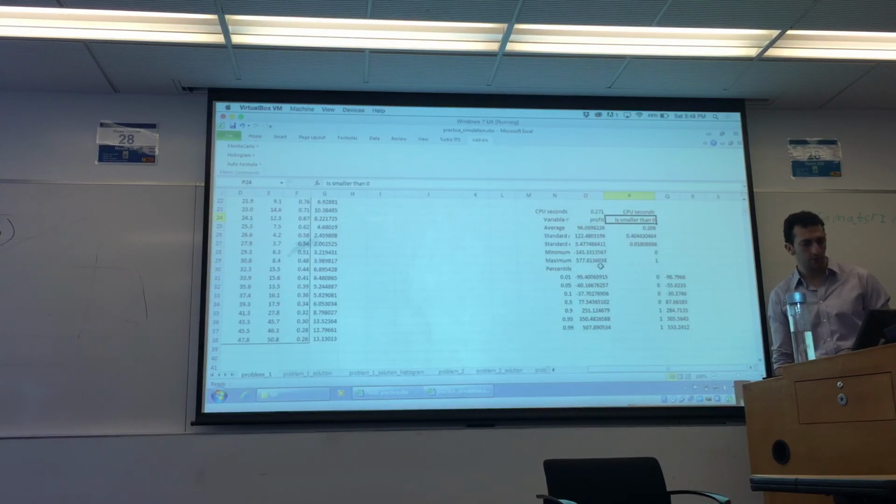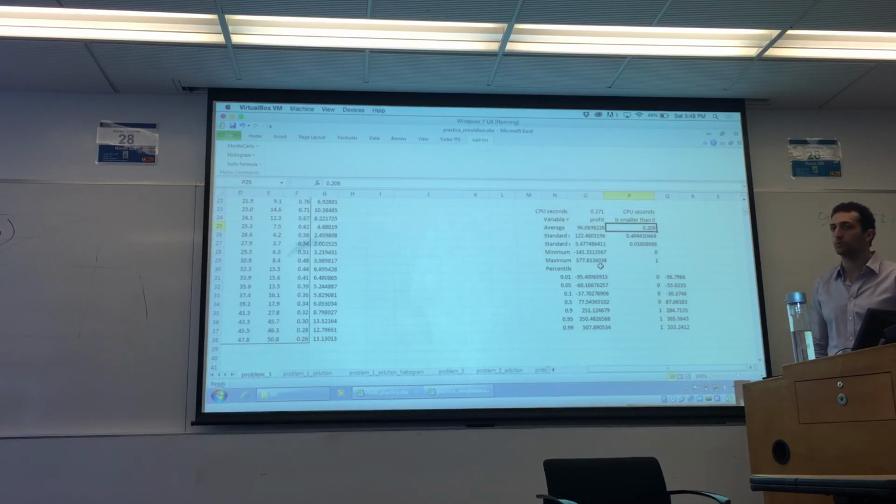So you see that the is smaller than 0, I can see that the average is 0.2. So 20% of the time, the number was 1, which means that 20% of the time, I got a number that is lower than 0. Okay? Any questions about simulation?